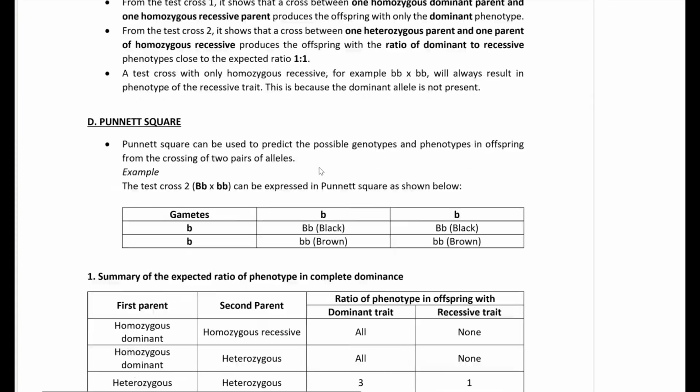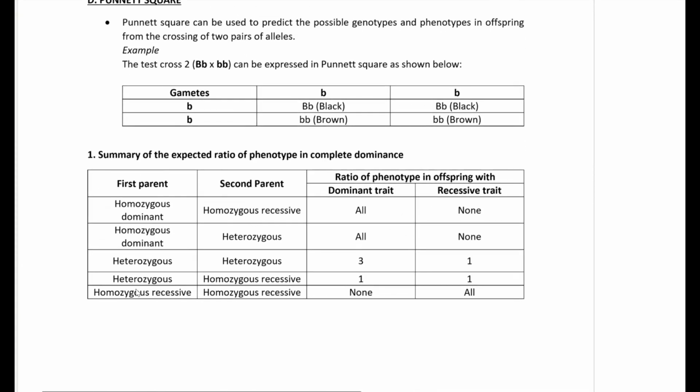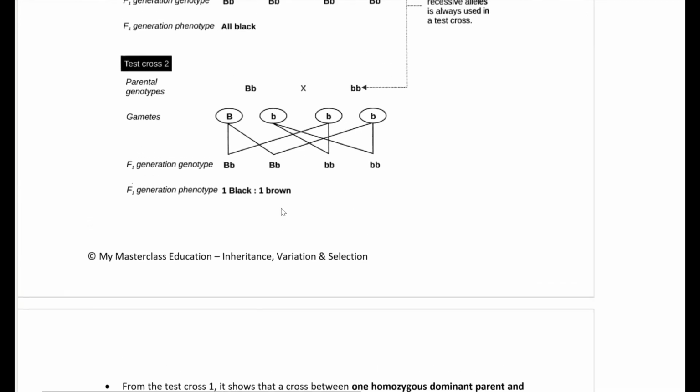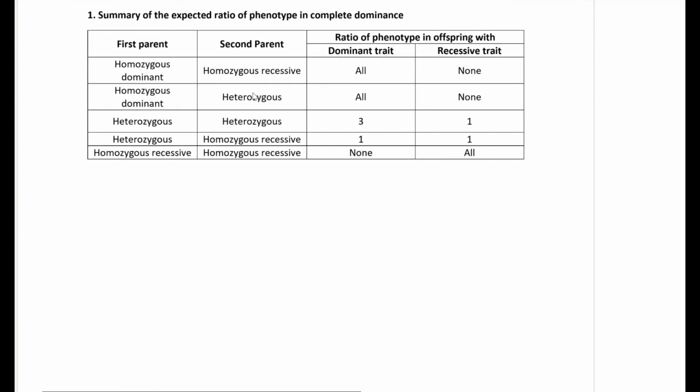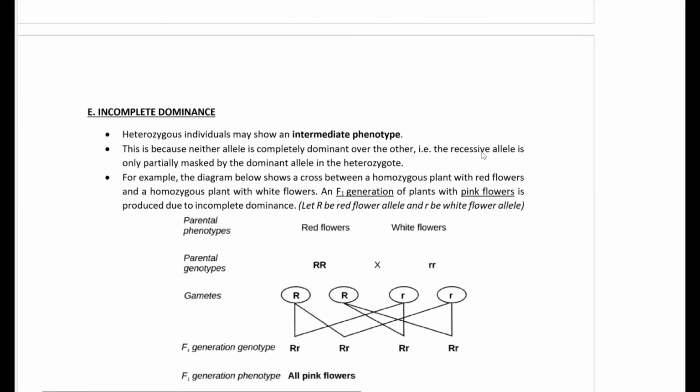On the other hand, if I have a homozygous recessive and a heterozygous, I get 1:1. If both are homozygous recessive, there is no dominant trait since both are recessive, so the offspring will all show the recessive trait.